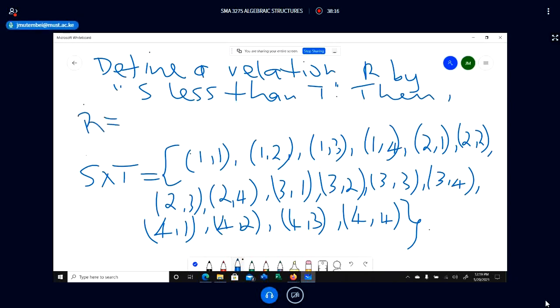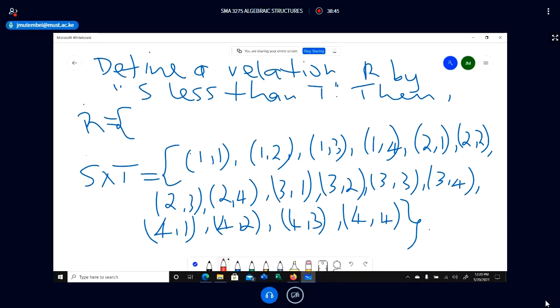My relation R will comprise of these ordered pairs, where the element from S is less than that from T. I'll take all those pairs from S cross T that satisfy the first element is less than the second element.